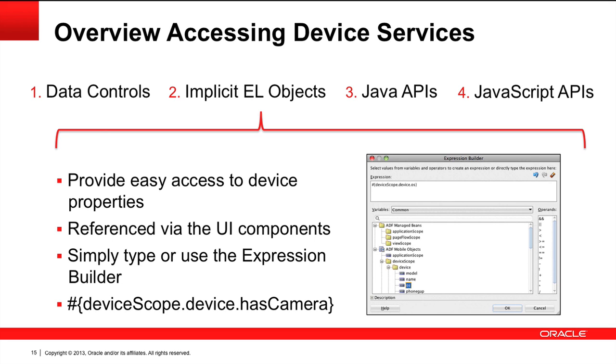And at the bottom of this page you can see an example of an EL expression that actually detects if the camera is available. So hash ellipses brackets device scope dot device dot has camera. This will return a true or false value to actually make you determine, hey, is there a camera on this device? And if there is, do we allow the user to actually click the get picture button that you've provided for them to access the actual camera on that device.